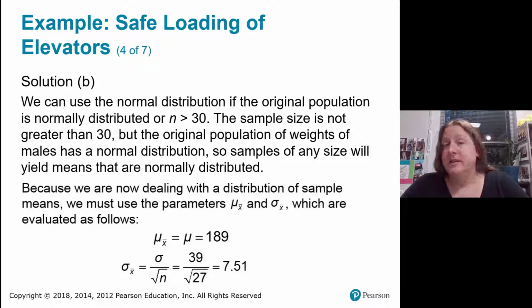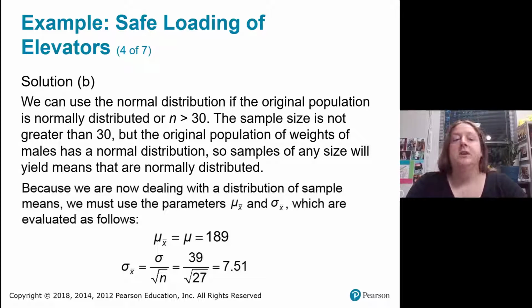We can't use the central limit theorem, except the weight of males is normally distributed, so we can use it. That's how that works. Check the sample size. If the sample size doesn't work, see if it's normally distributed to begin with, and if it is, like it is here, then we get to use the tools that we've developed with our central limit theorem.